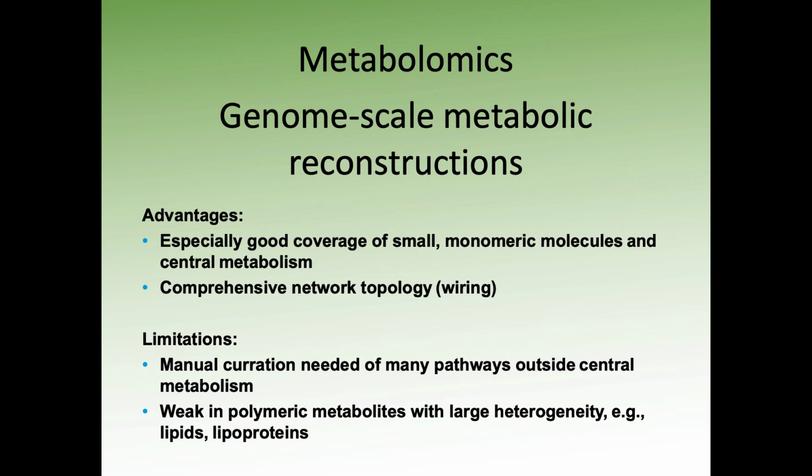Additionally, there are some problems with modeling polymeric metabolites that can be highly heterogeneous, so lipids, lipoproteins, things like that. But that said, I think that they're really dynamic and interesting tools, and I think they speak to how we translate some of our genome scale data into usable predictive modeling outcomes.